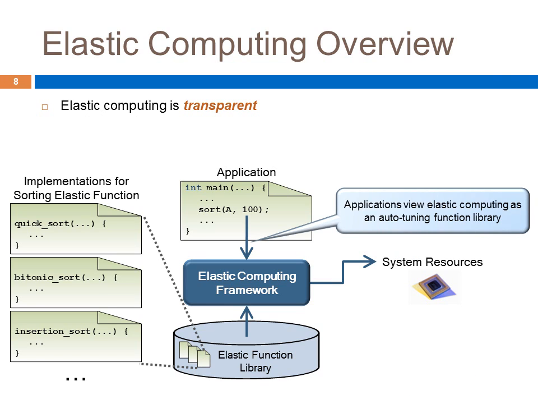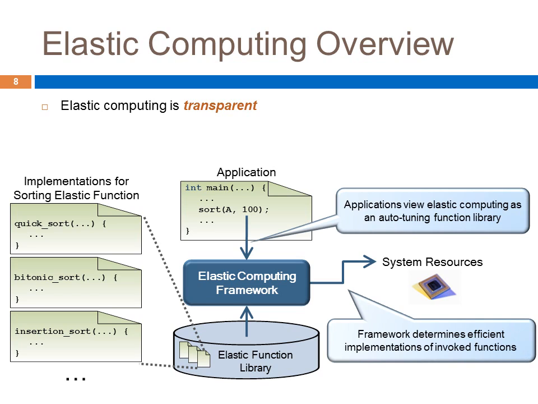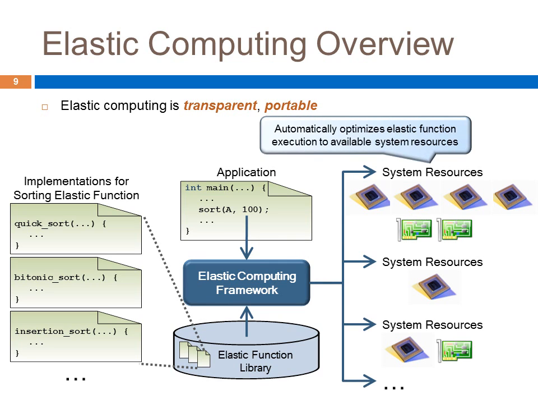So to summarize the advantages of elastic computing, first of all, it is a transparent form of optimization because from the point of view of a designer or from an application, elastic computing looks just like any other function library, except behind the scenes, there's this framework that automatically optimizes each function call. It's also portable because without any changes at all to the application code, the elastic computing framework can optimize that code onto different numbers of resources.